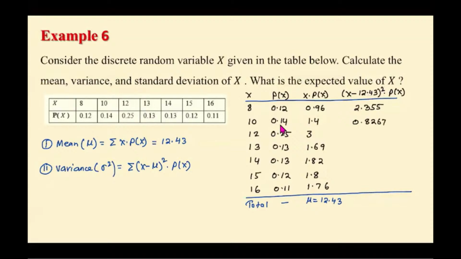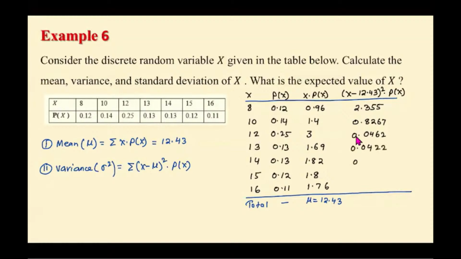0.8267. Next, for x, we plug in 12, and for probability, we plug in 0.25. And if we simplify that, we'll get 0.0462. Similarly, if we continue, the next value we'll get is 0.0422.